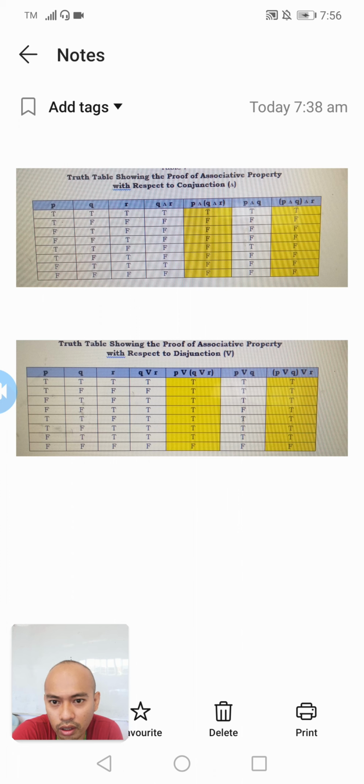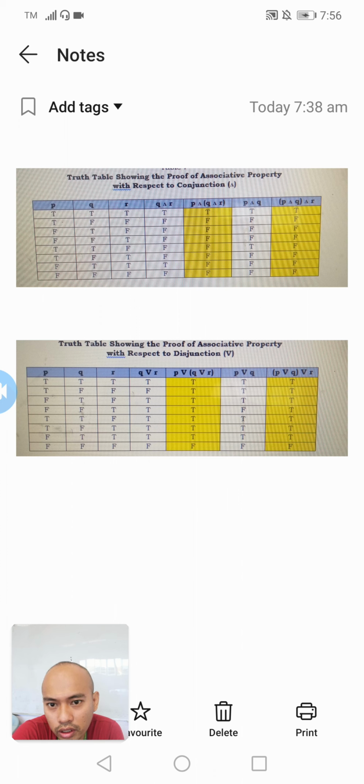F T means the Q statement is false, while the R statement is true. At least one is true in that case, so we will still have a true statement under the compound statement Q or R. For the next one, we have T F, the same as the third row, so that is still true. F T, that is the same as the fourth row, that is also true.